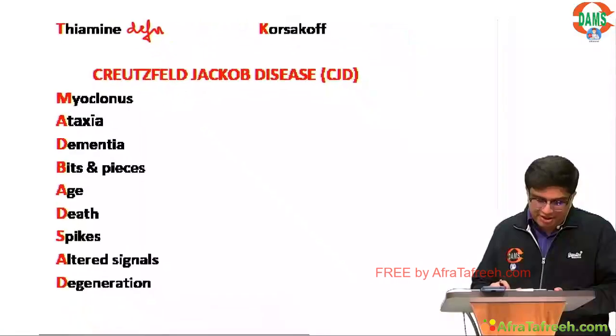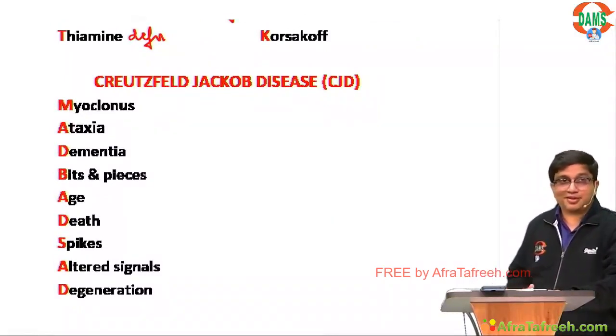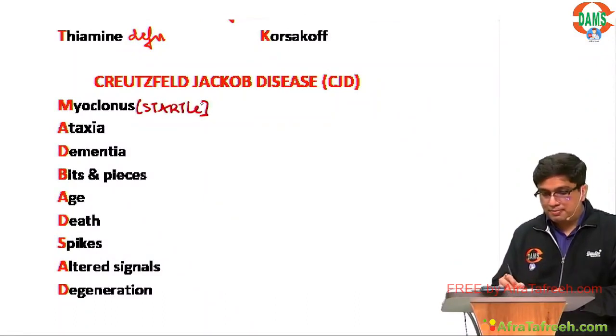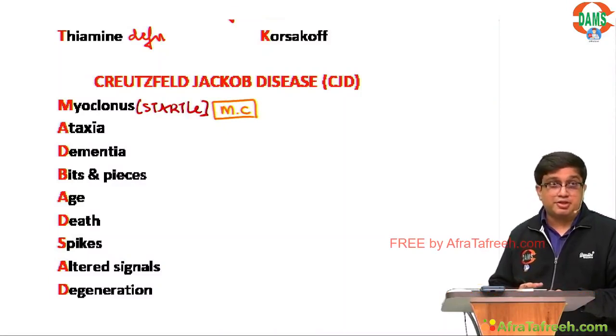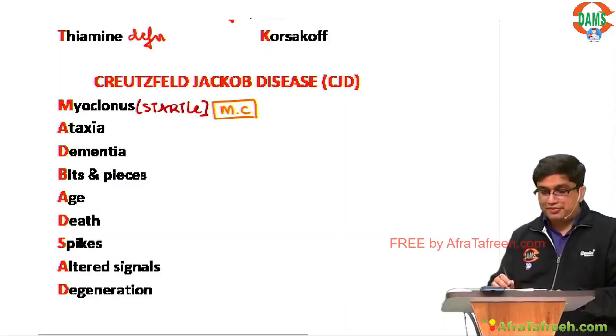Then CJD again is a patient who is mad, bad and ultimately very, very sad. The myoclonus that we find in them is on touch or a stimulus, known as startle myoclonus. That is always seen to be the most common presentation in them. They also have ataxia and dementia later on. They often happen in bits and pieces, which reflects the word sporadic.